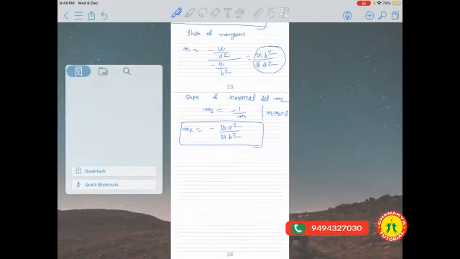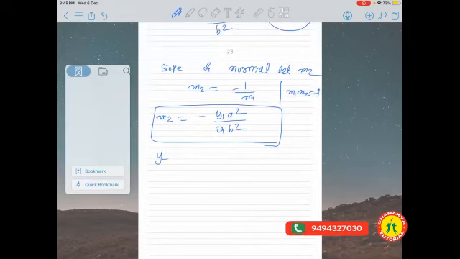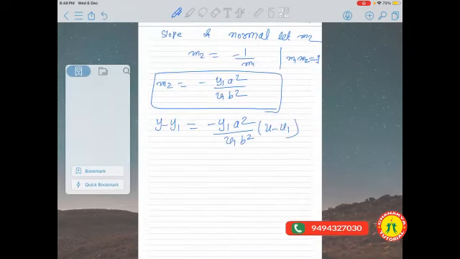So the equation of normal is y minus y1 equals m2 times x minus x1, where m2 is minus y1 a square upon x1 b square. Simplify this equation. After simplifying, we get x minus x1 upon x1 by a square equal to y minus y1 upon minus y1 by b square.